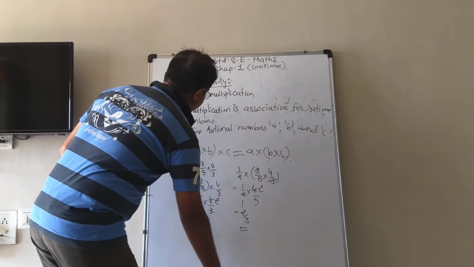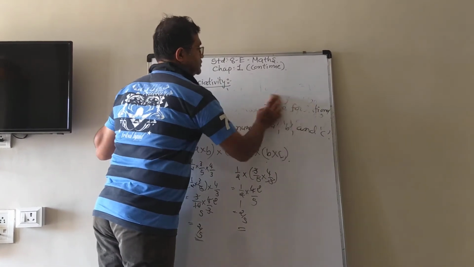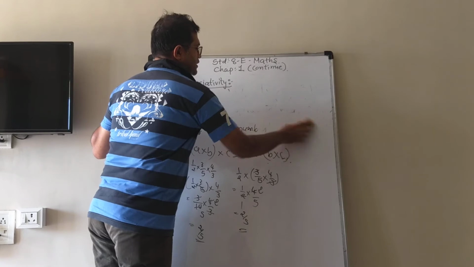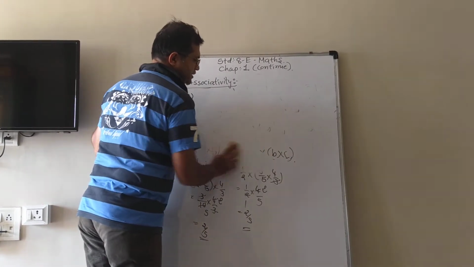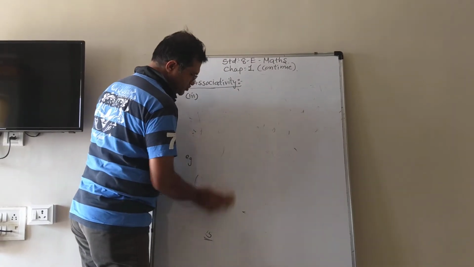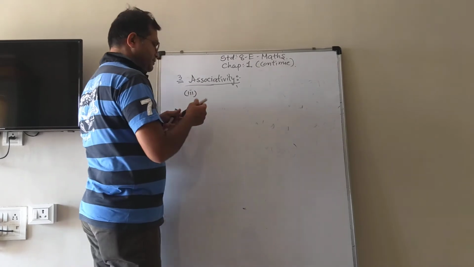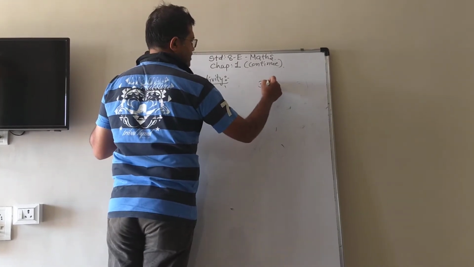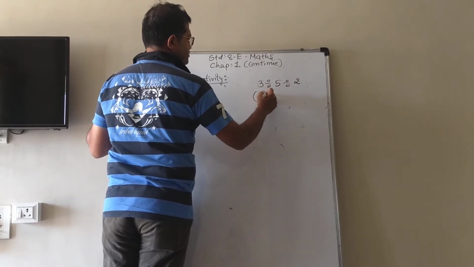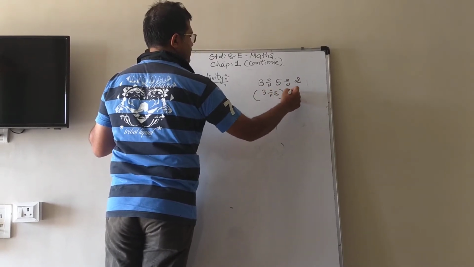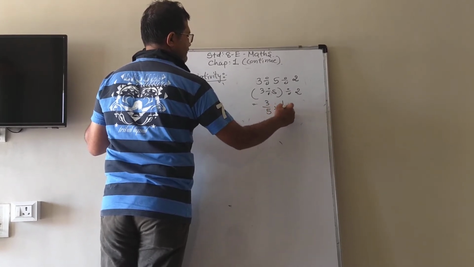Now the last one, the division. And obviously the division, we know about it for the natural numbers or the whole numbers or integers, that it is not possible, because 3 divided by 5 divided by 2. If we do 3 divided by 5, divided by 2, it means 3 by 5 multiplied by 1 by 2.